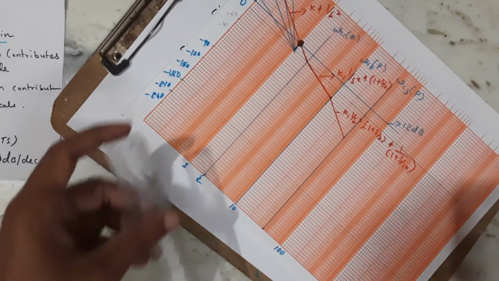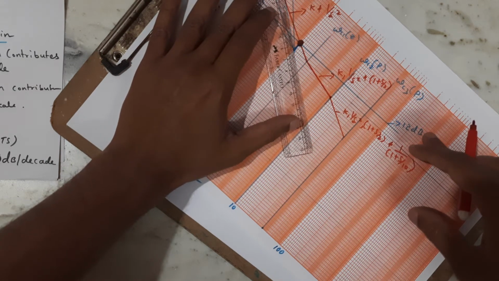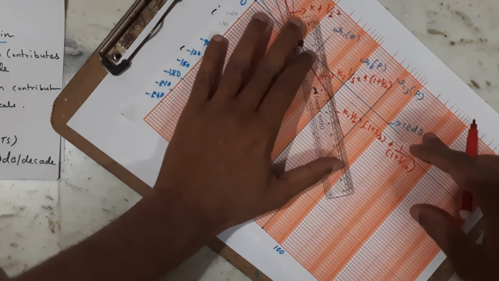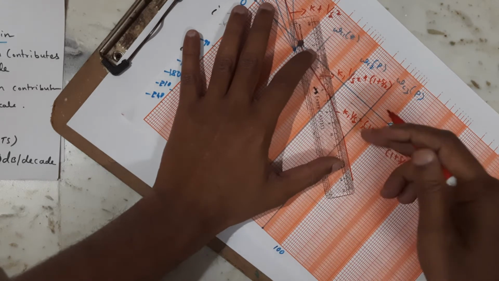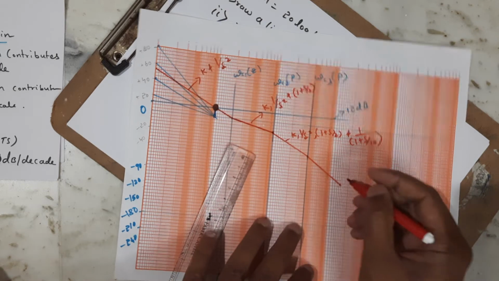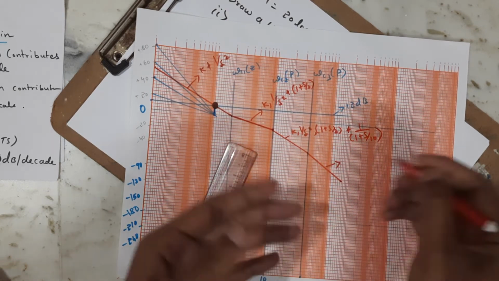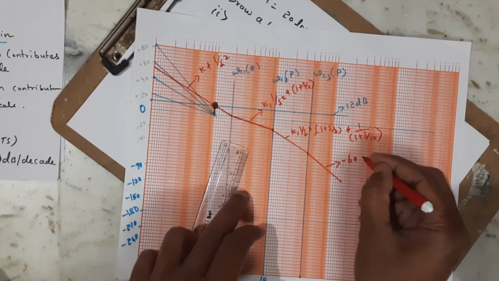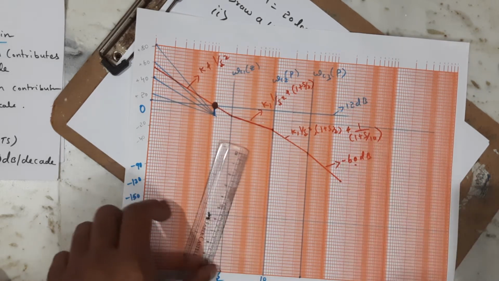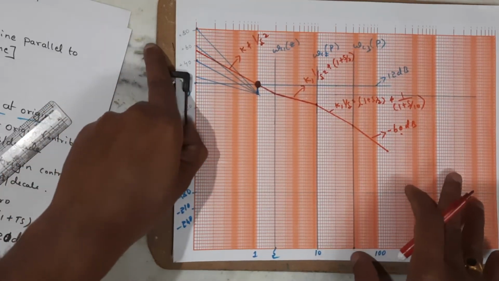Now I am going to draw a slope of minus 60 from omega c3 up to some extent. This is the final slope, due to the contribution of all 5 factors. Slope is minus 60 dB. So the magnitude plot is over.